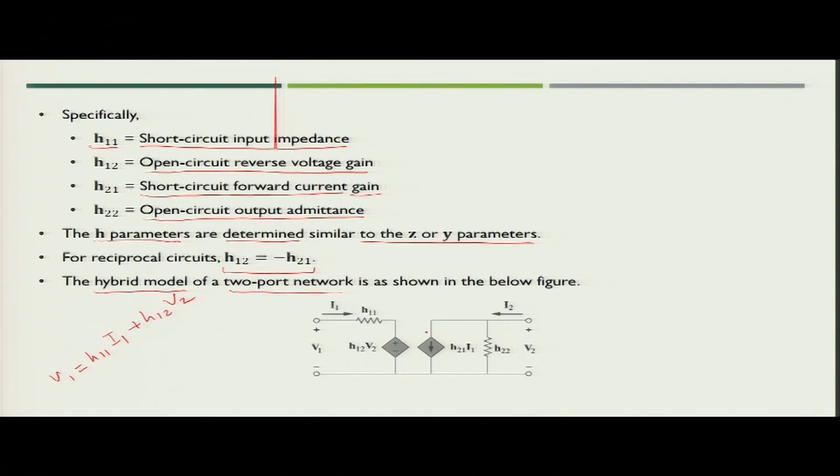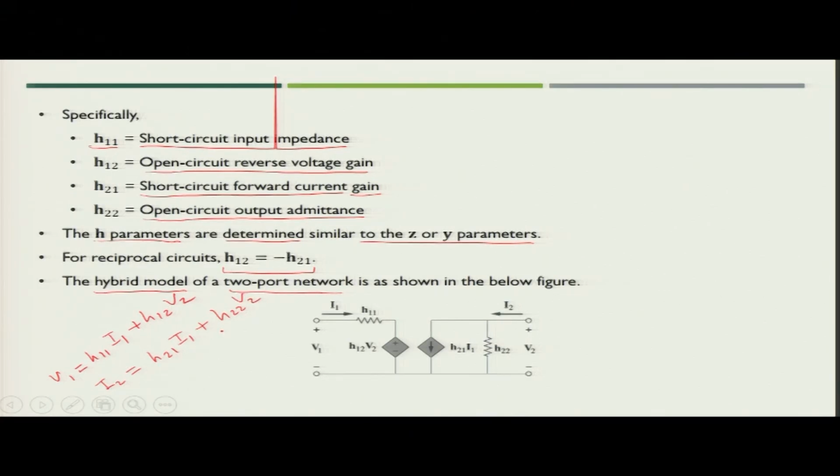Now, here it is a parallel combination, so you can straight away utilize nodal analysis. If you use Kirchhoff's current law, what will you get? You will get I2, which is nothing but the dependent current source, so you can simply write H21 I1 plus H22 into V2.